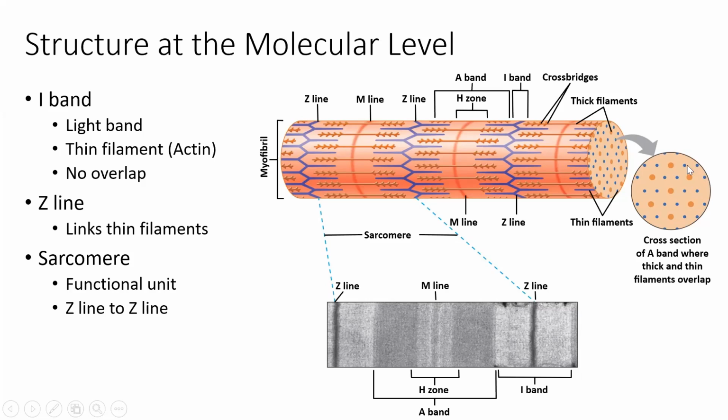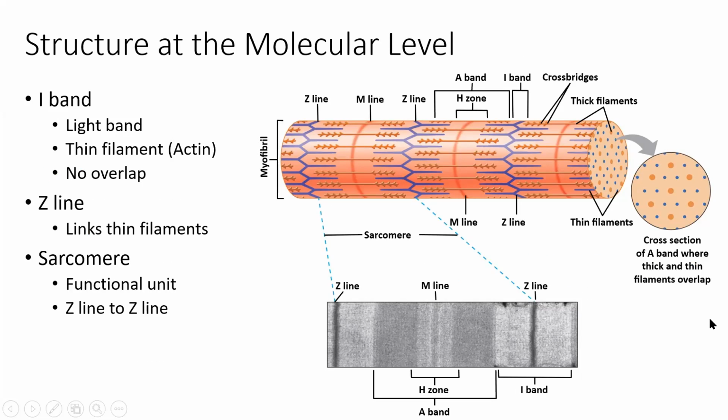So basically, in order to get this cross section, I would have to take it somewhere across the A band. This is the only place that I'm going to see both the thick filament and the thin filament. And if I look at that cross section more closely, I can appreciate that the thick filament is a larger cut surface, a larger cross surface there, and the thin filament is a much thinner protein, so we can see a thinner or smaller cross section.